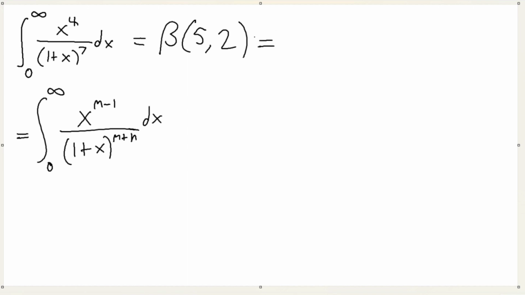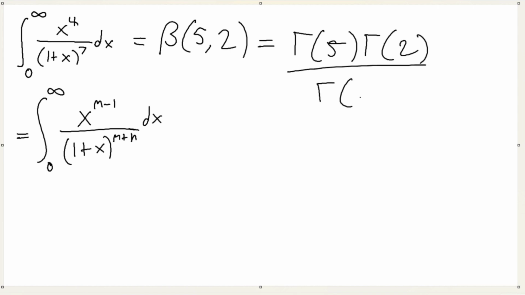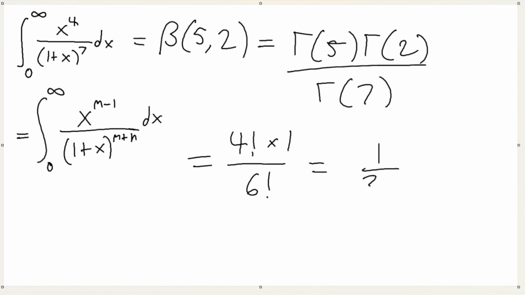Alright, now this is just, let me try not to lose track. Okay, so then this is 4 factorial, 1 factorial, 6 factorial, right? And this is just equal to 1 over 30 because the 4 factorial cancels out. So it's 1 over 30, and that's our answer.